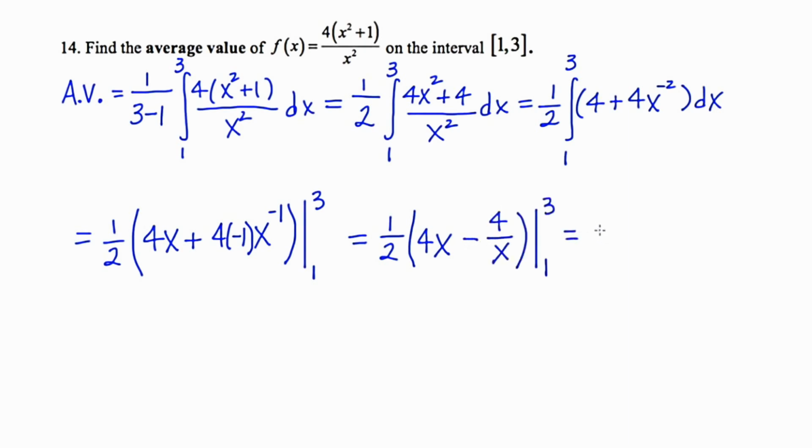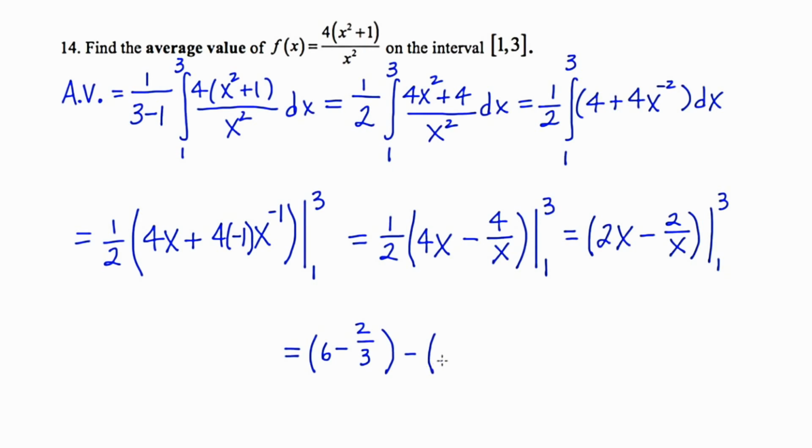Distributing the 1/2 through, I'm going to have 1/2 of 4x, which is 2x, and then 1/2 of 4 over x is going to be 2 over x. First, I'll substitute in a 3, which gets me 6 minus 2/3, and then I'll subtract from that the result of plugging in a 1, which gives me 2 minus 2.